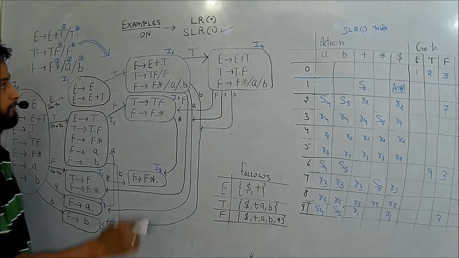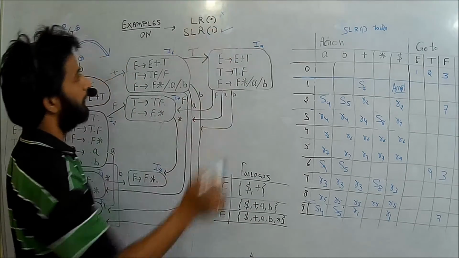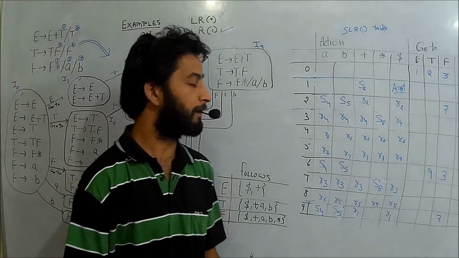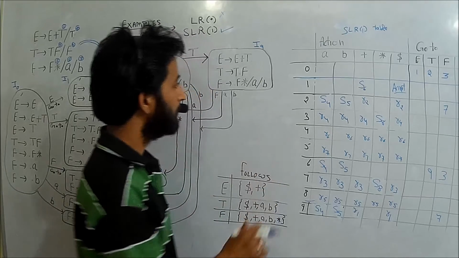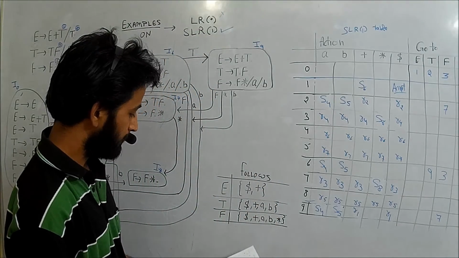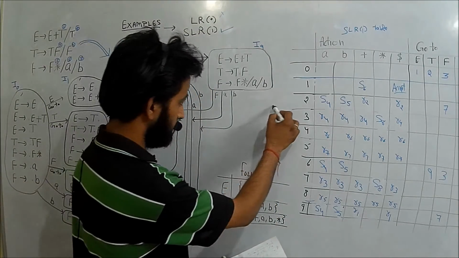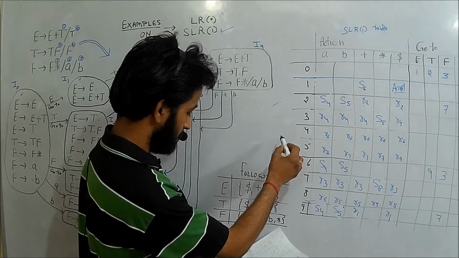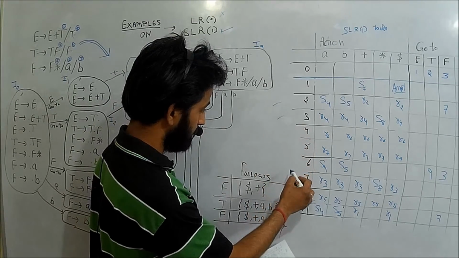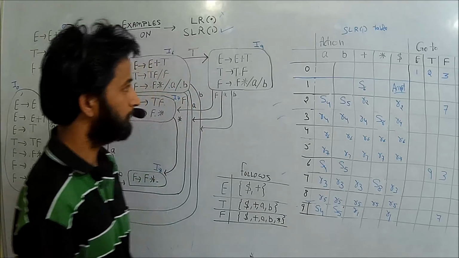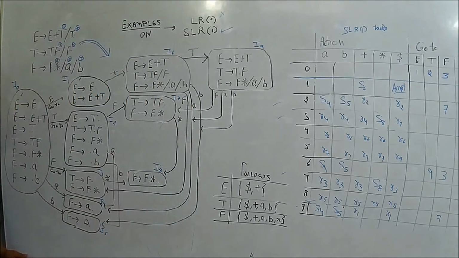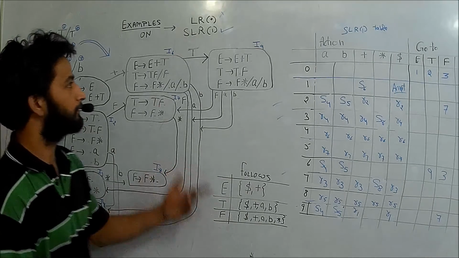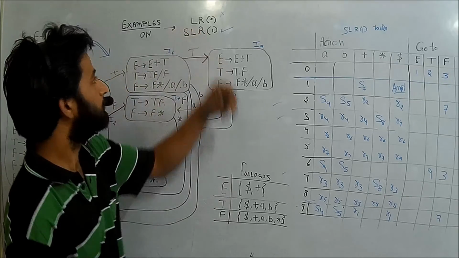But the grammar is not LR0 because we have seen that there are conflicts in states 2, 3, 7 and 9. So this is all about the canonical collection of LR0 items, the LR0 parser and the SLR1 parser.